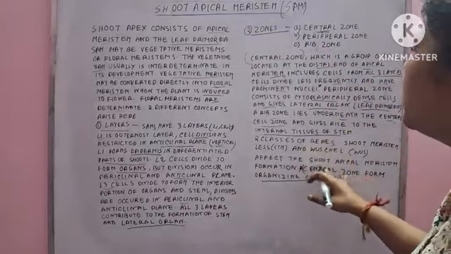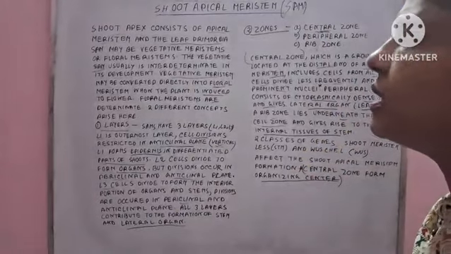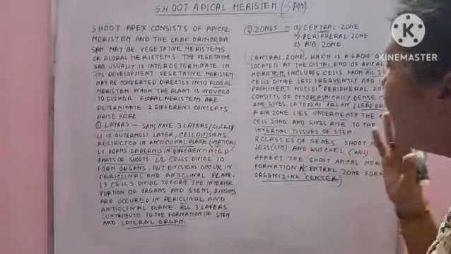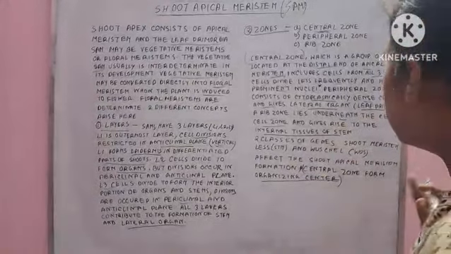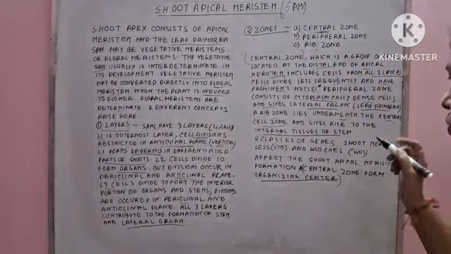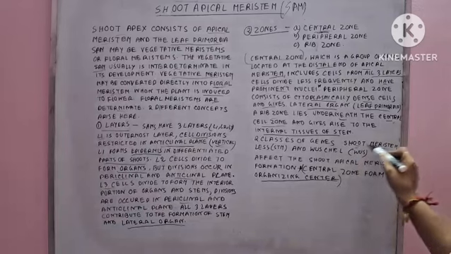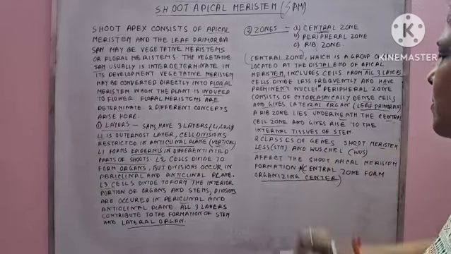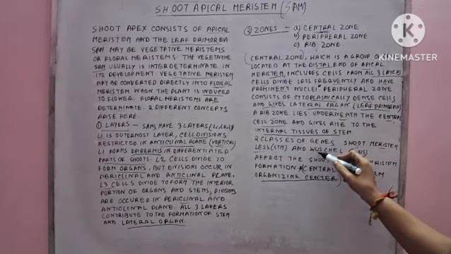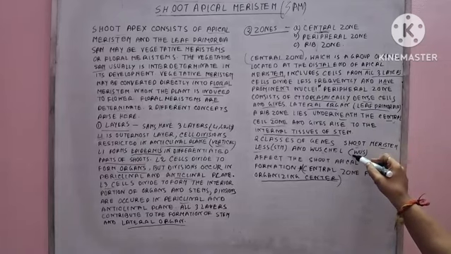Molecularly, the scientists also explained that two important genes are involved in the formation of the shoot apical meristem. One gene is SHOOT MERISTEMLESS, or STM, and the other gene is WUSCHEL, or WUS.